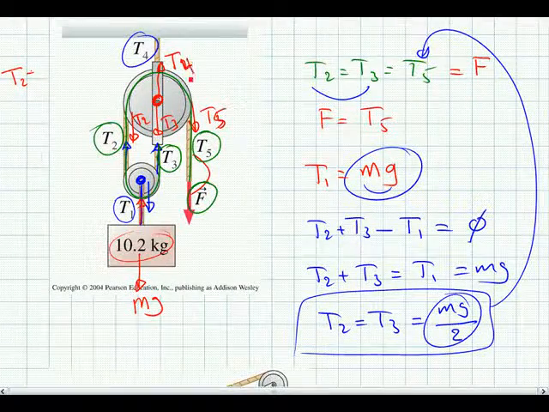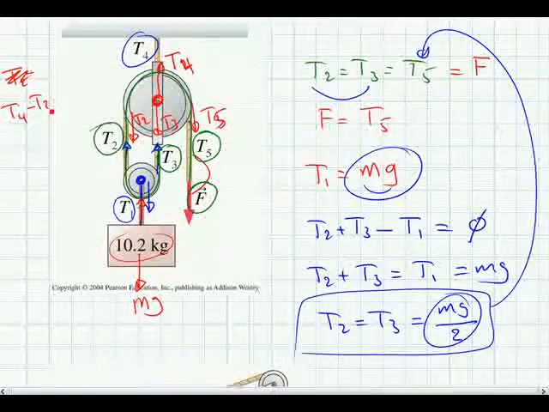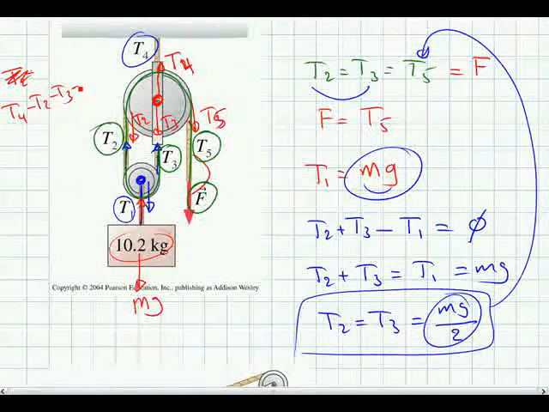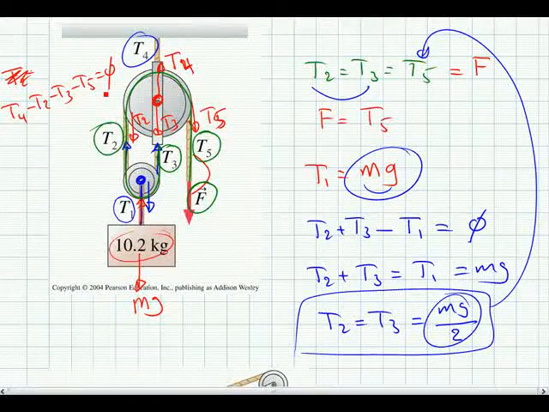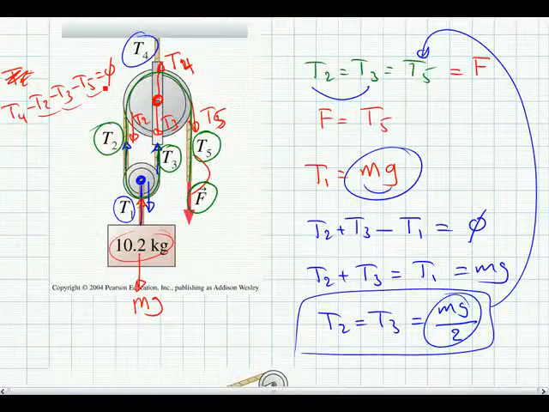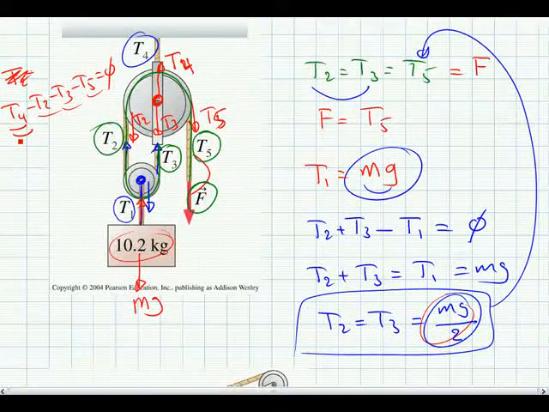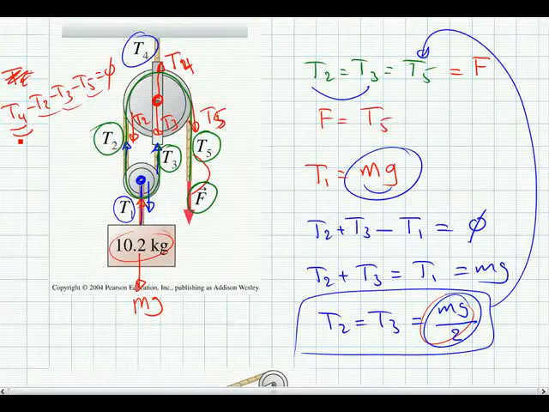So this is T4 pulling it up, my mistake. So T4 minus T2 minus T3 minus T5 must equal 0. Well, T's 2, 3 and 5 we identified as mg over 2, so now we can calculate what T4 is.